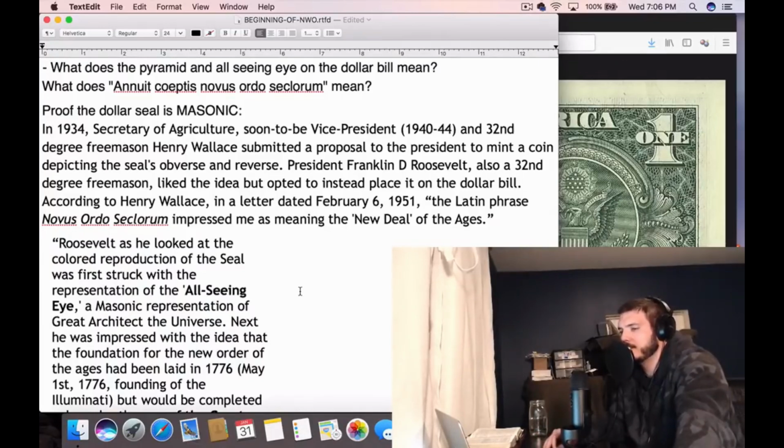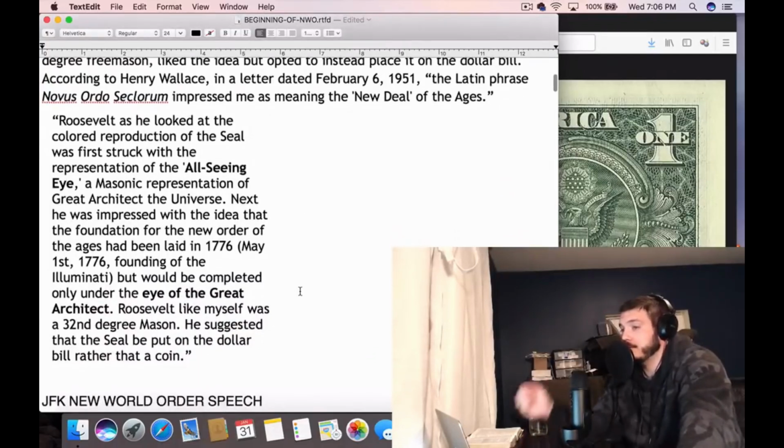Henry Wallace is a Freemason, and they got together and put the seal on the back. And here's the quote from Henry Wallace. He said this, Roosevelt, as he looked at the colored reproduction of the seal, was first struck with the representation of the all-seeing eye, a Masonic representation of the great architect of the universe.